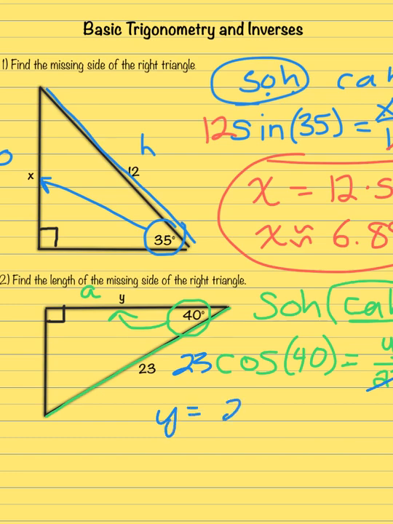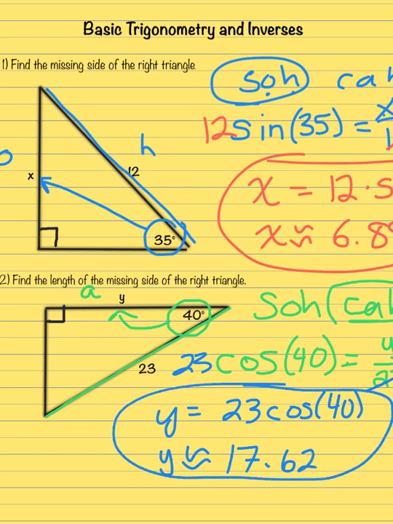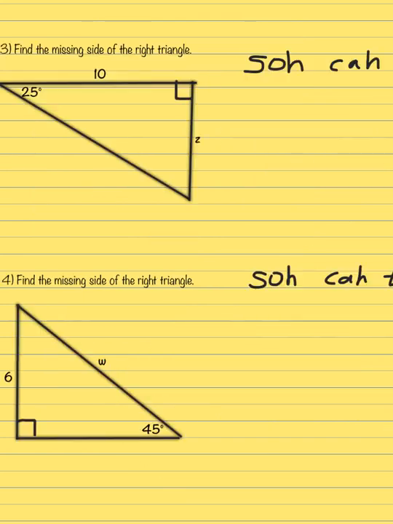Y equals 23 times the cosine of 40, and then you can type that into your calculator, and you could get approximately 17.62. So however your final answer needs to be written, that's what you would do.